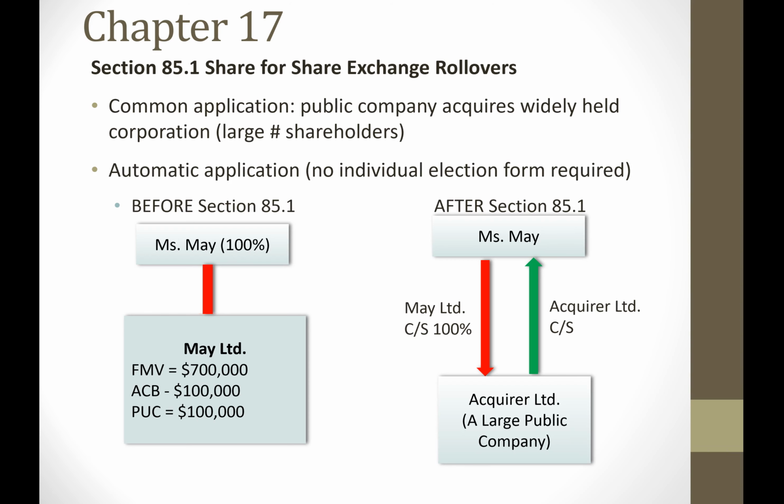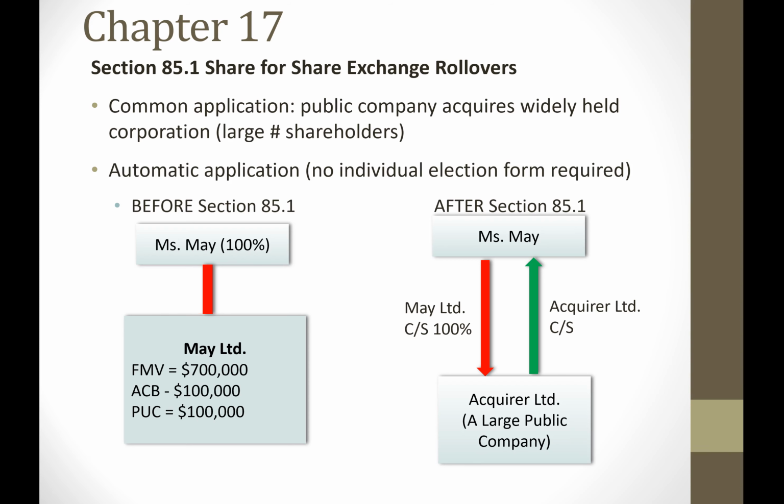The adjusted cost base and PUC are $100,000. If a big public company wanted to take over May Limited, Ms. May could sell the shares directly to the large public company. However, she would then have to report a capital gain and pay taxes on the sale of the shares.